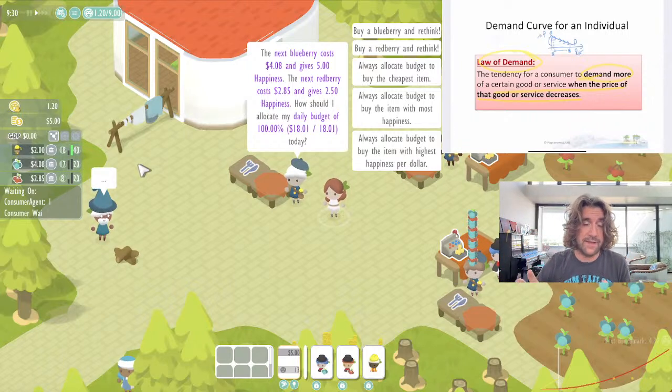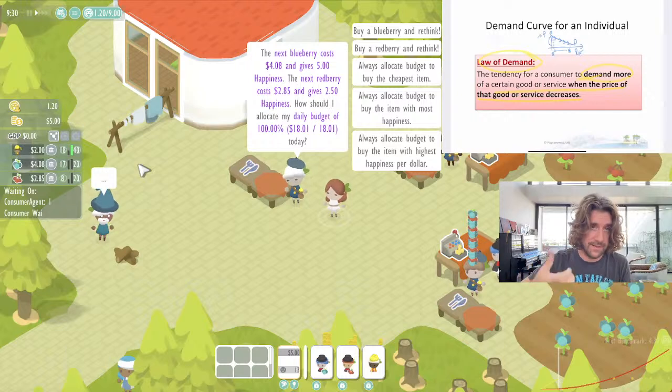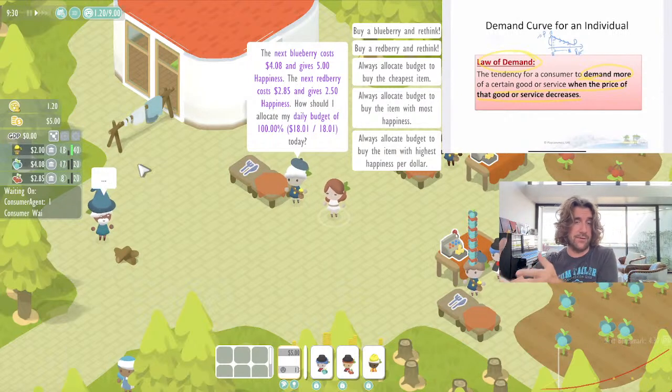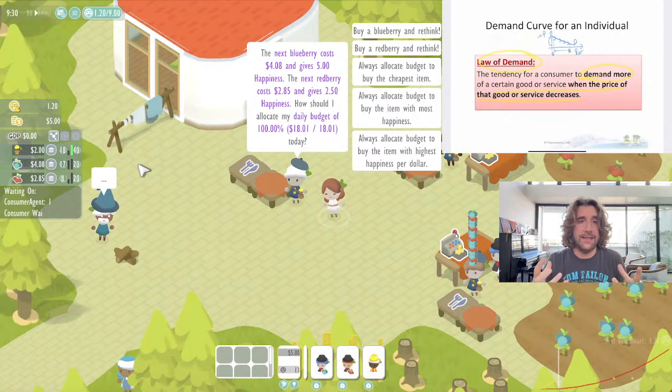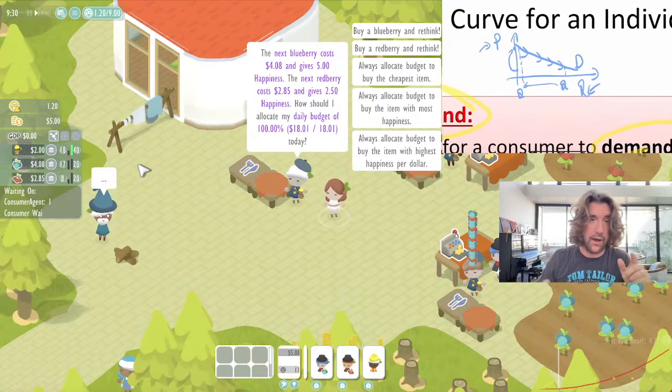Make the cost-benefit decision, purchase the blueberry only if the marginal utility per dollar is greater than the marginal utility per dollar of a red berry. Keep on doing this until that relationship is true. And this creates the demand curve that we usually see in economics.